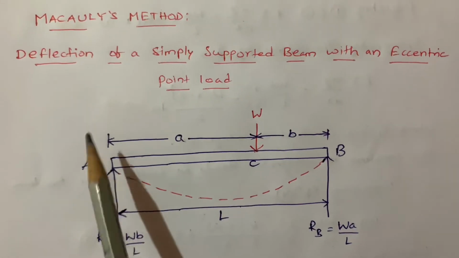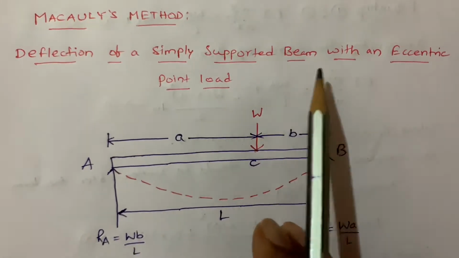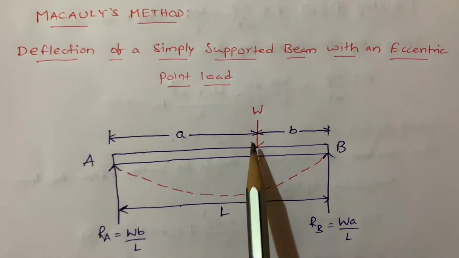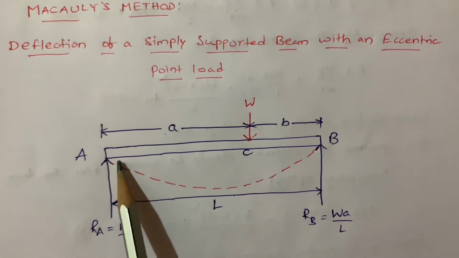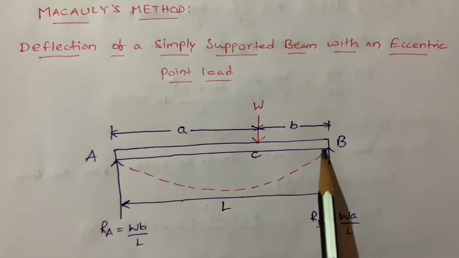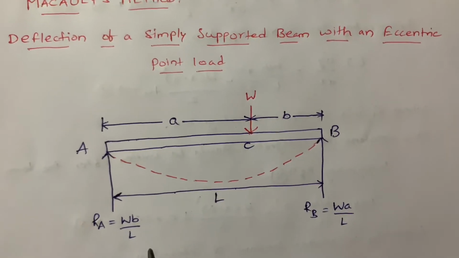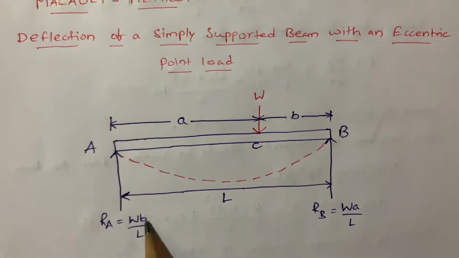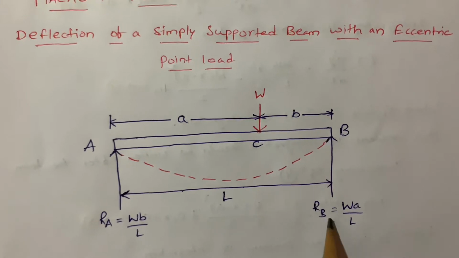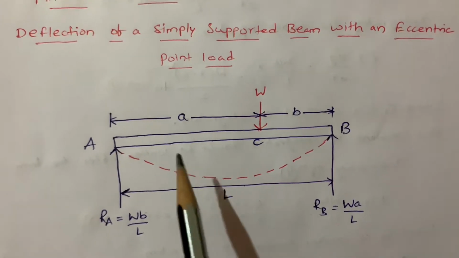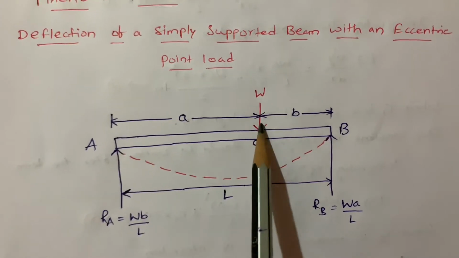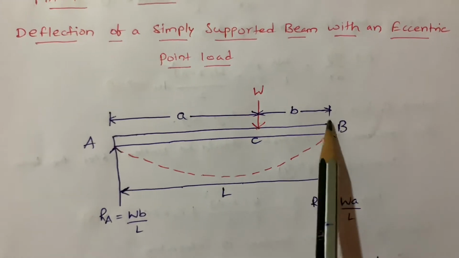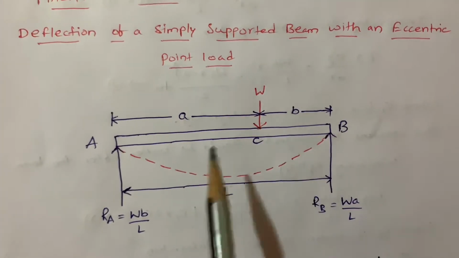Here a simply supported beam with an eccentric point load is given. This red dotted line is the deflection. The reaction at A is Wb by L and the reaction at B is Wa by L. From A to the load the distance is small a, and from B to the load the distance is small b.